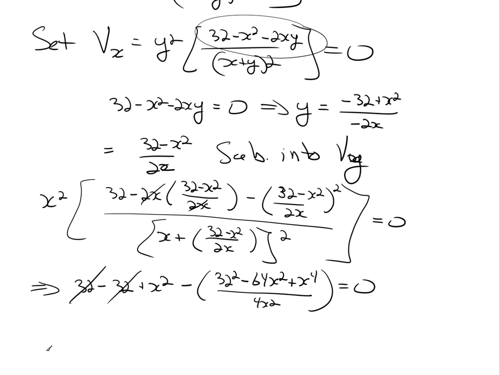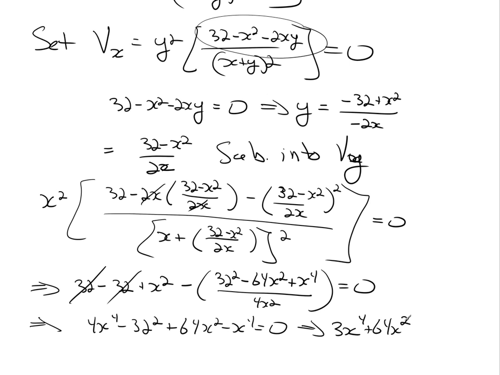Well, these 32's go away. And what does that give me? If I multiply through by 4x squared, I end up with 4x to the fourth minus 32 squared plus 64x squared minus x to the fourth is 0, which means I need to solve 3x to the fourth plus 64x squared minus 32 squared equals 0.